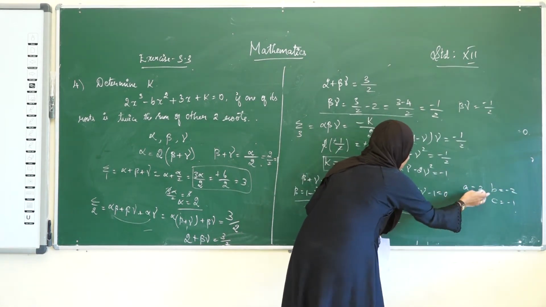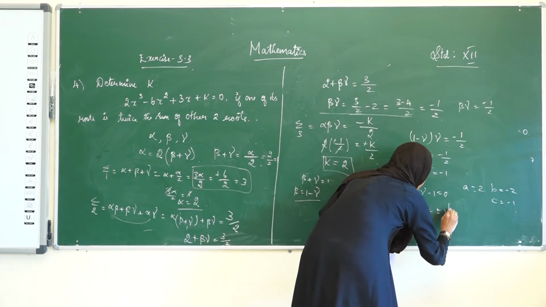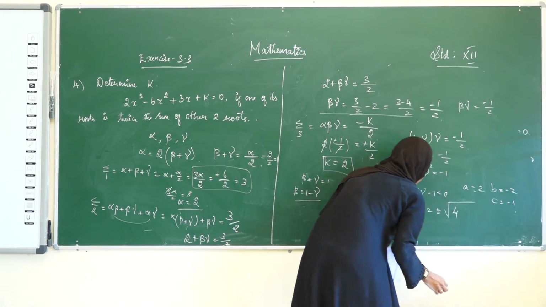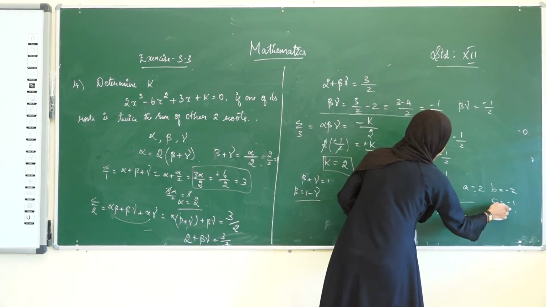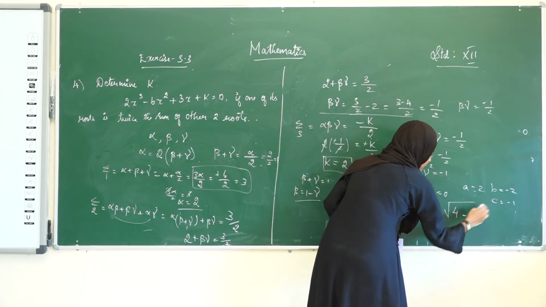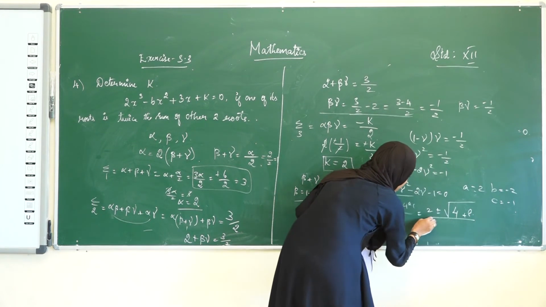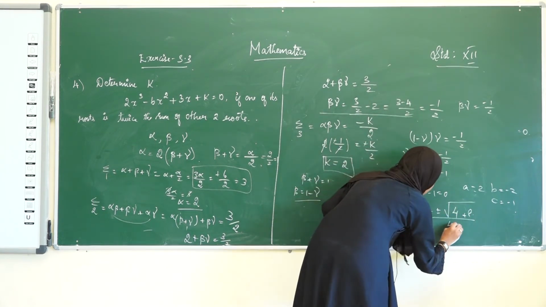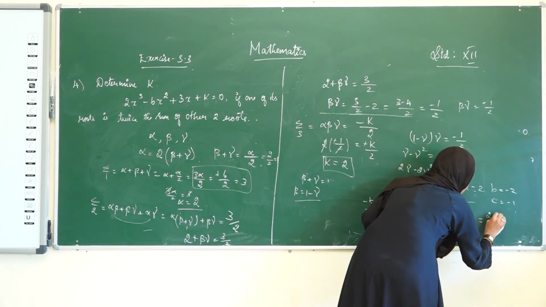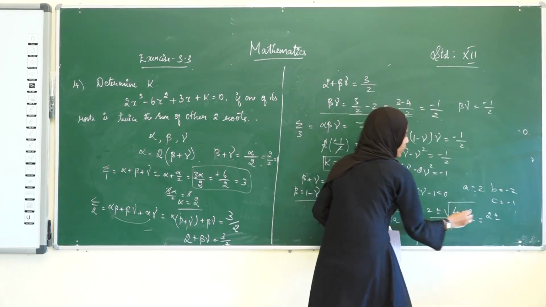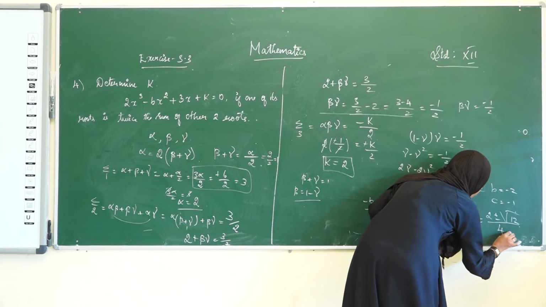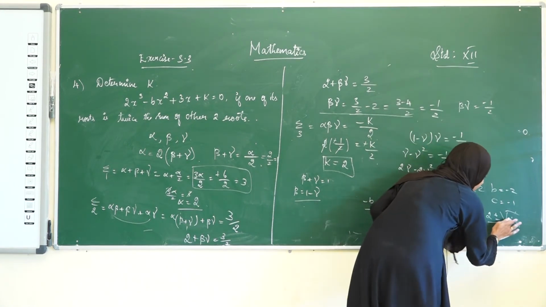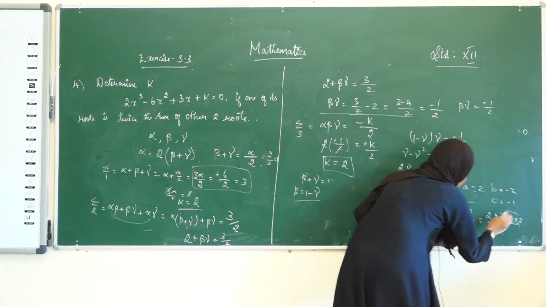See, minus b, minus of minus 2, plus or minus root of b square, that is 4, minus 4 into a into c. 4 into 2 is 8, minus c, therefore 8 plus 4, root of 12, divided by 2 into a, that is 4. This can be written as 4 into 3.